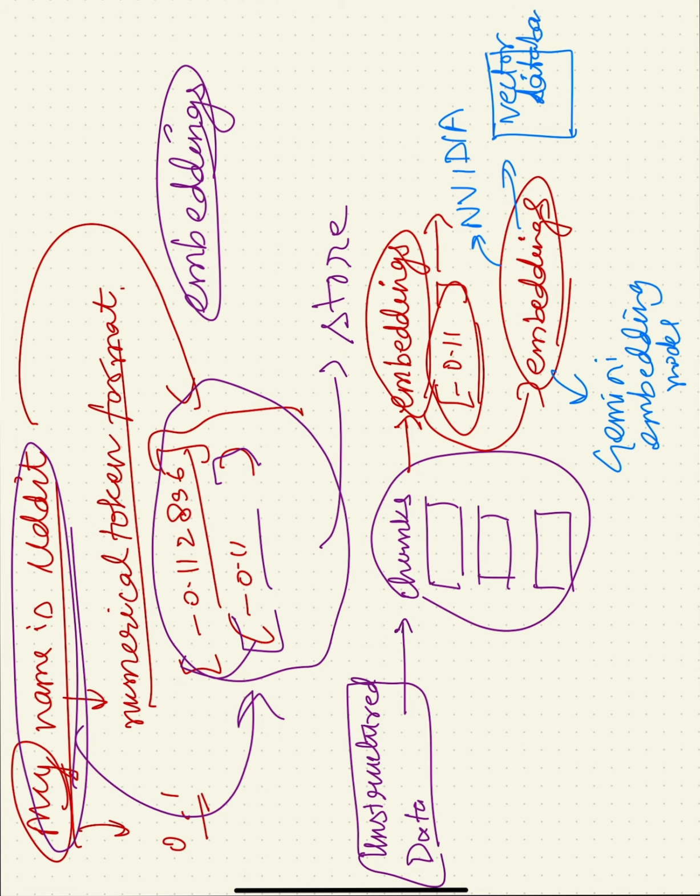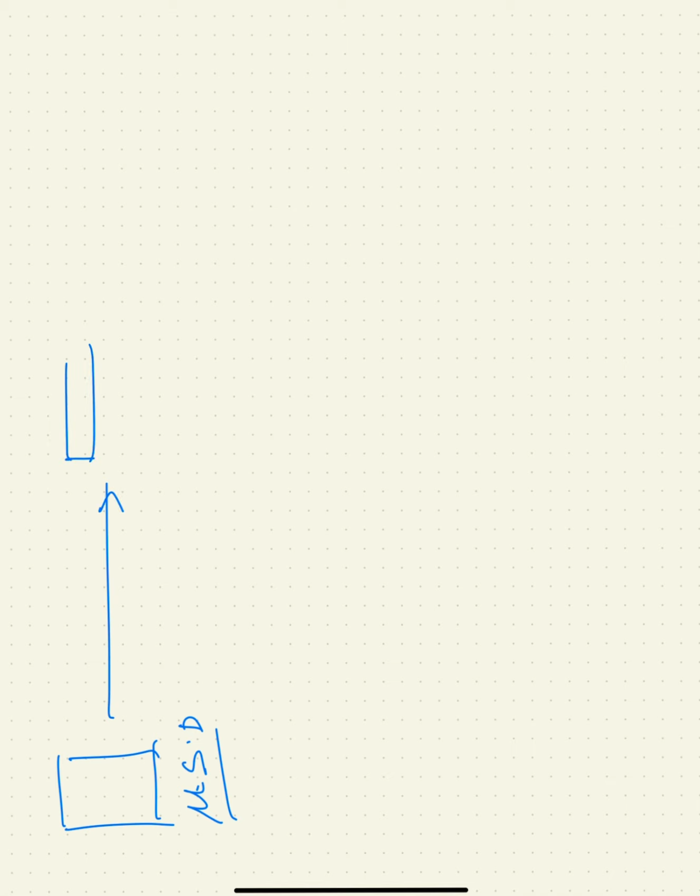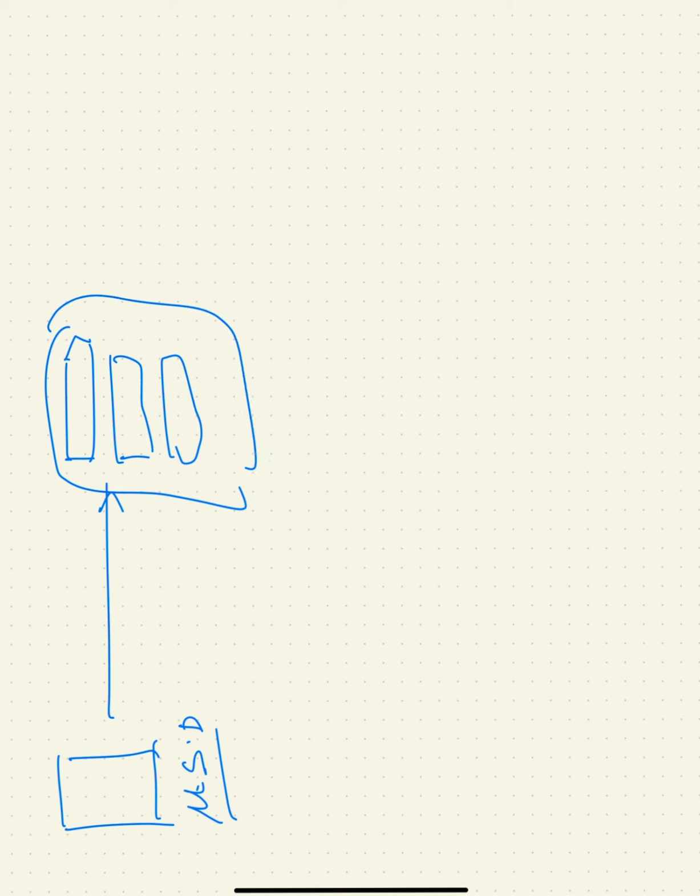So now what is happening? The unstructured data is now converted into structured format and stored in the vector database, and this is called the data ingestion pipeline.